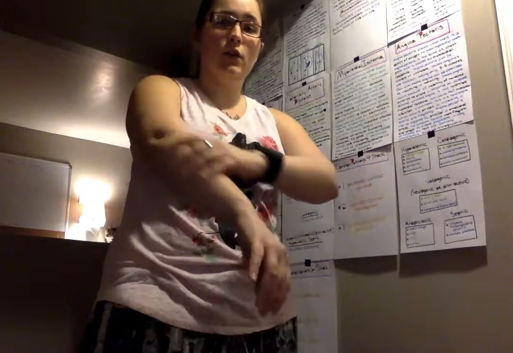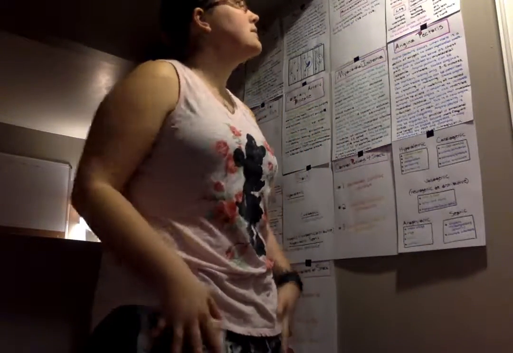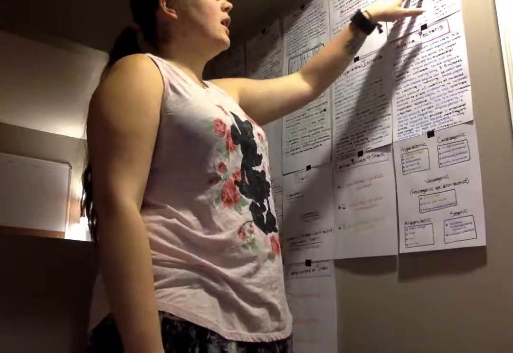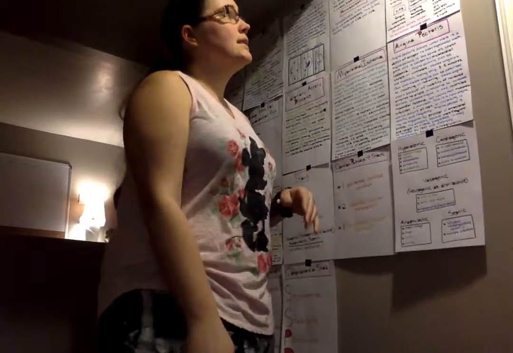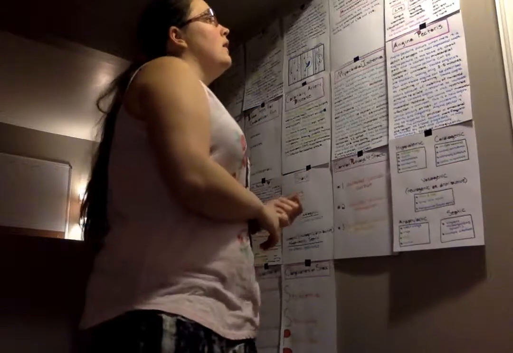So you're going to see it in your arms, your abdomen, your legs. Specifically, the most common sites are the abdominal aorta, the carotid arteries, the femoral, and the iliac arteries. And there is an increased incidence for peripheral vascular disease in those with diabetes.